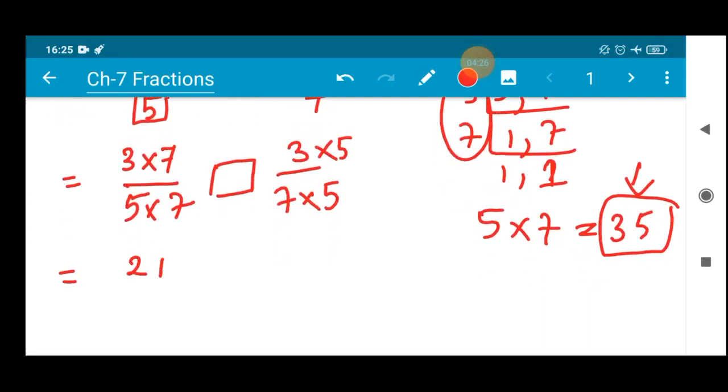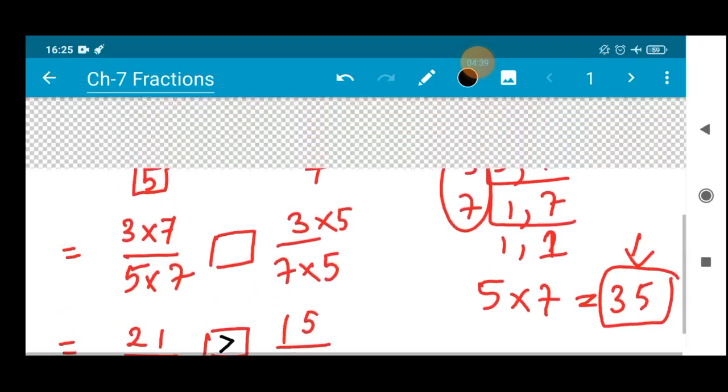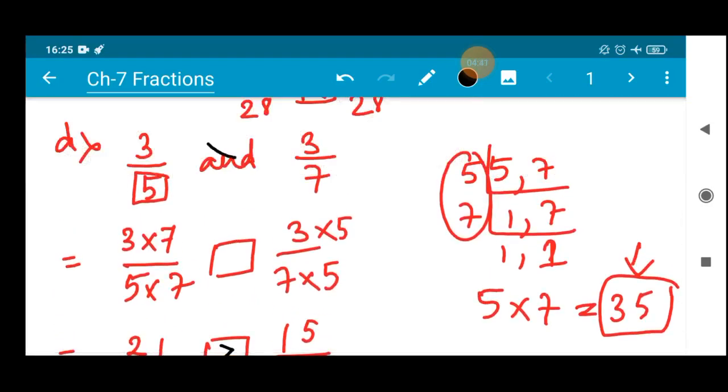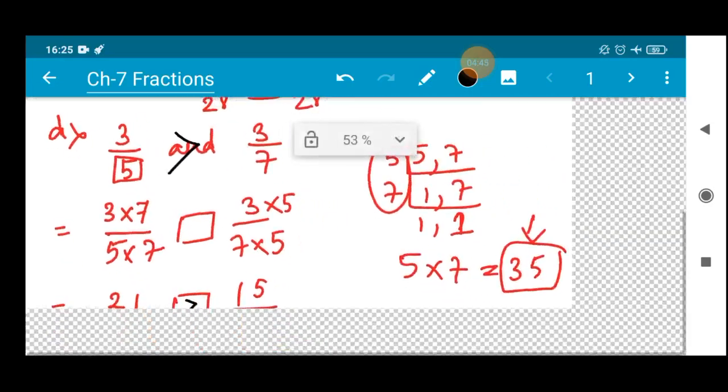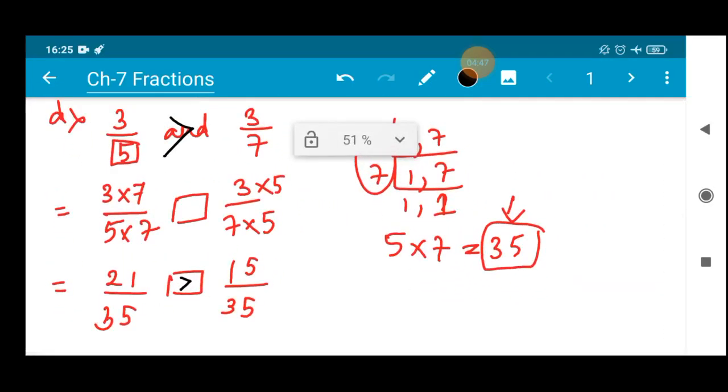Now 7 threes are 21, 5 sevens are 35, 5 threes are 15, and 7 fives are 35. So in both cases we got the same denominator. Now you can directly compare. So you can see 21 by 35 is greater than 15 by 35, or you can say easily that 3 by 5 is greater than 3 by 7.